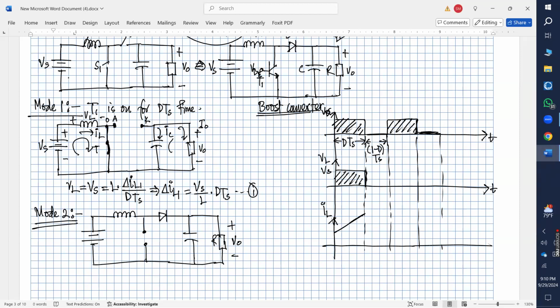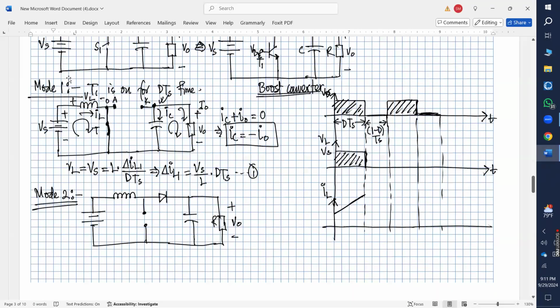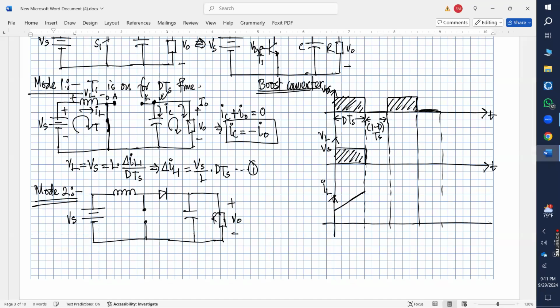During mode 1, if you take Kirchhoff's current law at the node here, what you will find? IC plus I naught should be equal to 0, right? So your IC current is nothing but your I naught current, for this circuit.